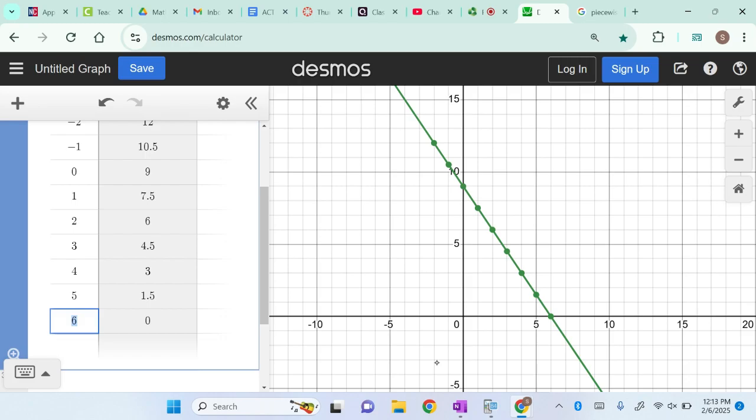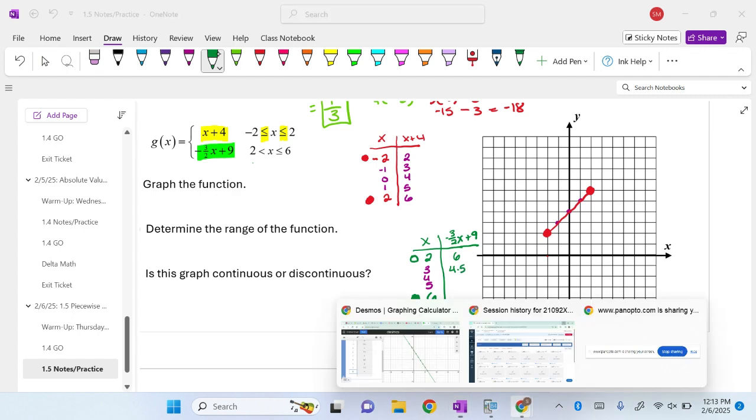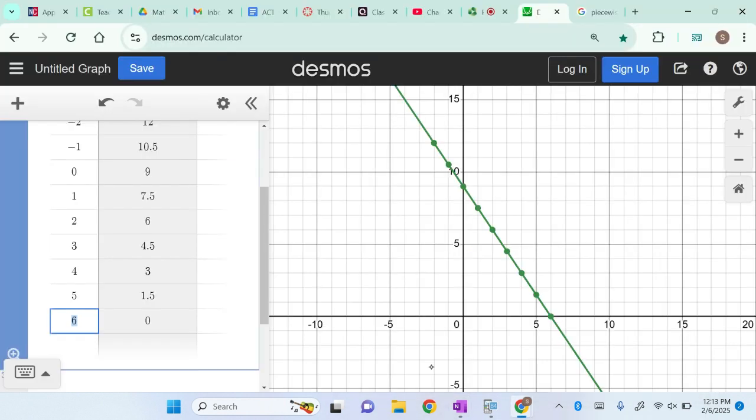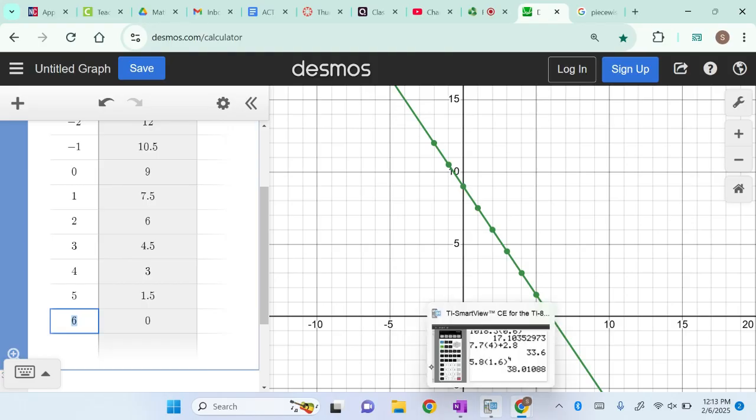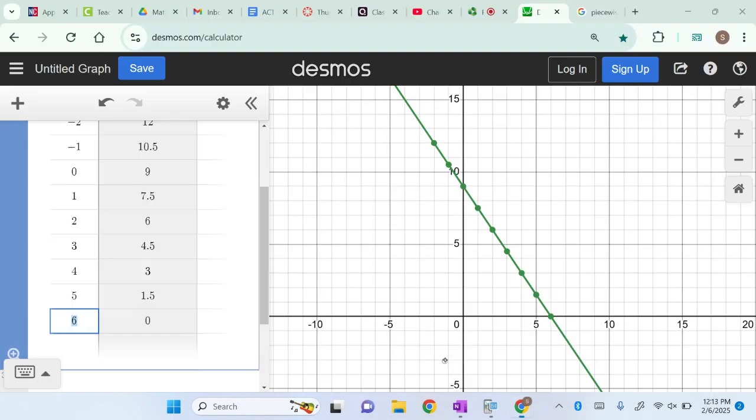And I'm just going to copy down my y values given those x values. So I got 6, 4.5, 3, 1.5, and 0.